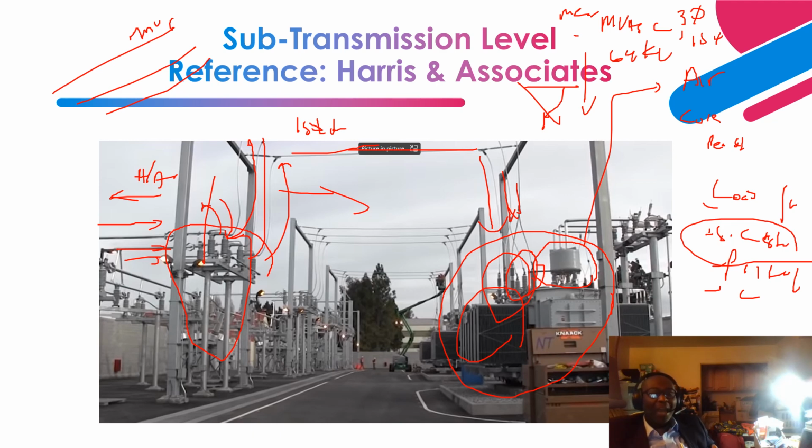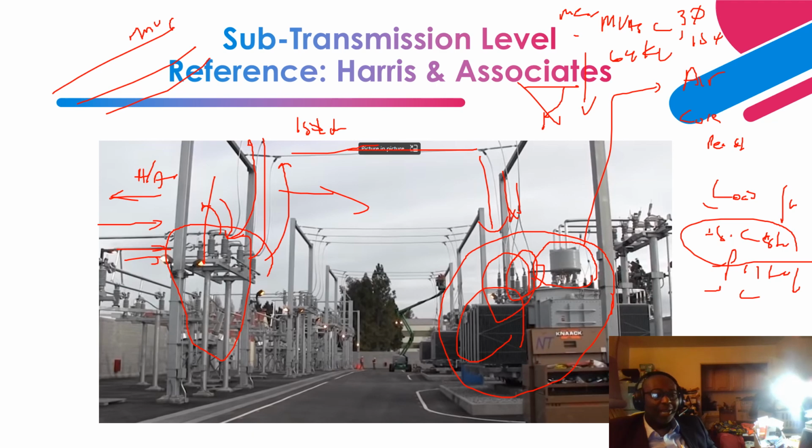So how do I mitigate that incipient cost that is cropping in? I have to come up with a design strategy of limiting the fault current from the source.